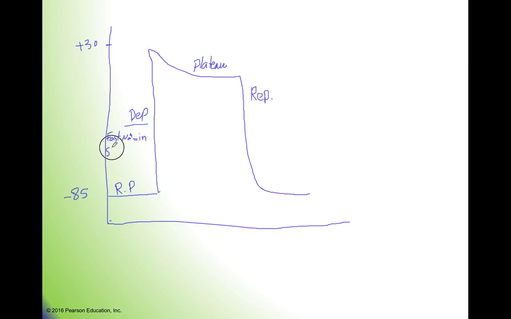And you have another set of channels which are considered slow calcium channels, and when they open, calcium is also going to move in. So for the depolarization phase, what we're discussing is the action potential of contractile cells.